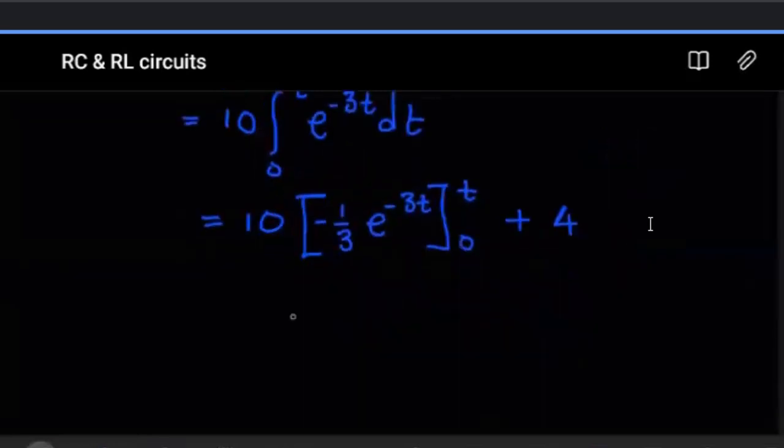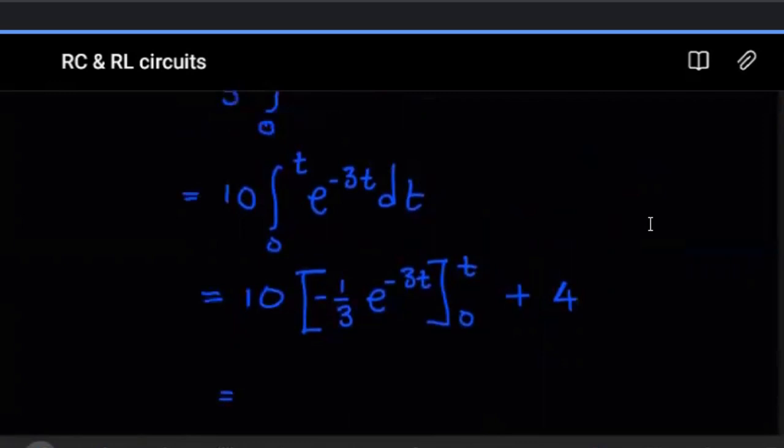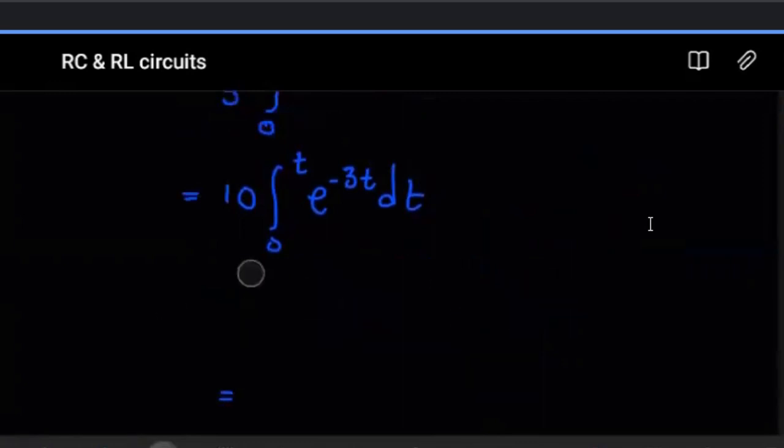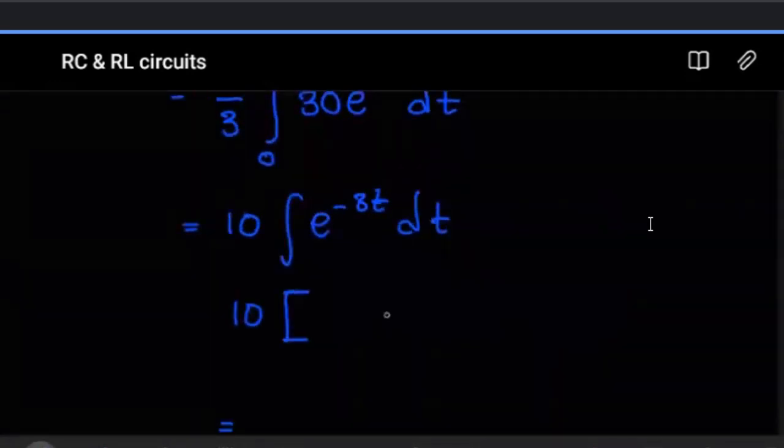Have you got that? Oh, can you please repeat? Okay. To help you picture it, I can even do it without the limits, perhaps that might be better. Without the limits, we have 10 here, and then we are integrating e to the minus 3t dt, and this becomes 10 times minus 1 over 3 times e to the minus 3t.